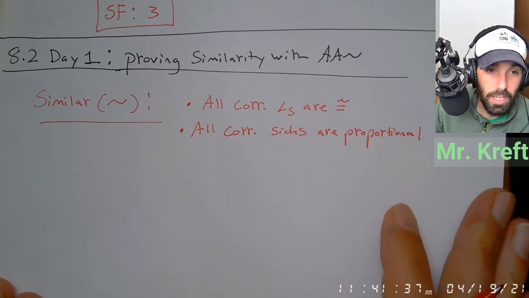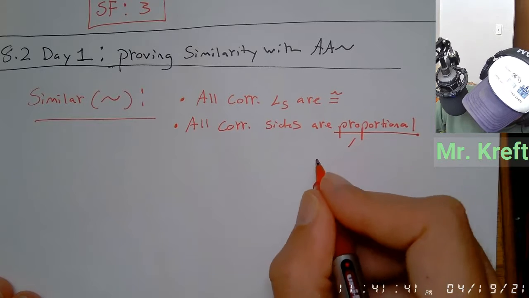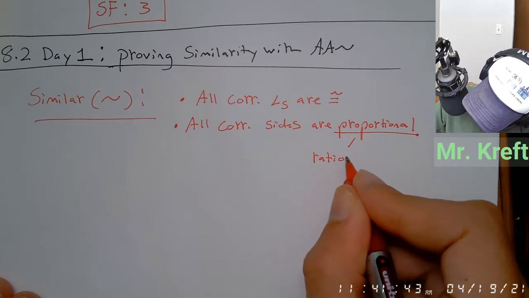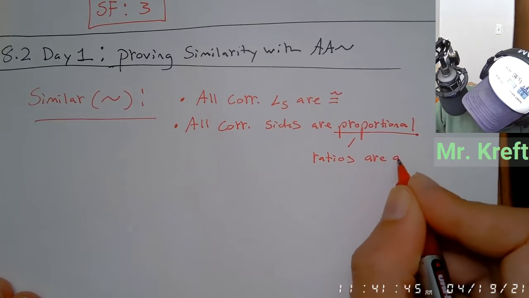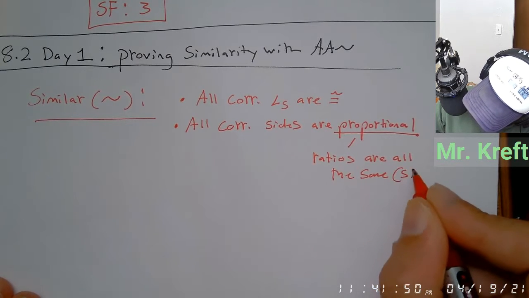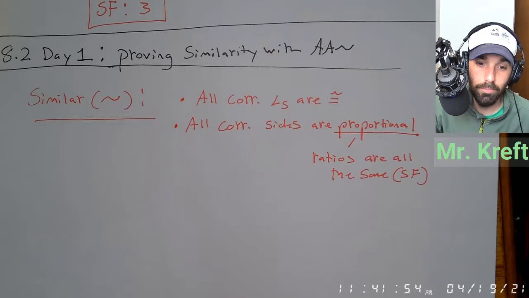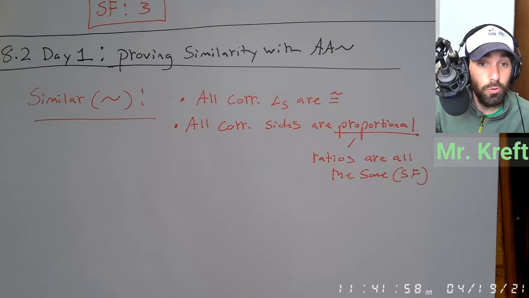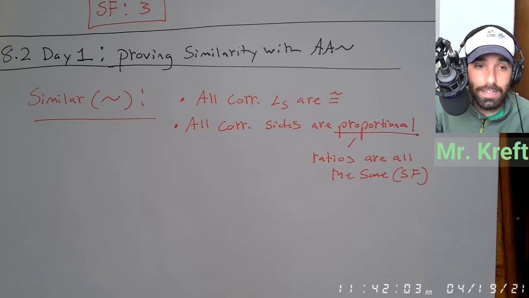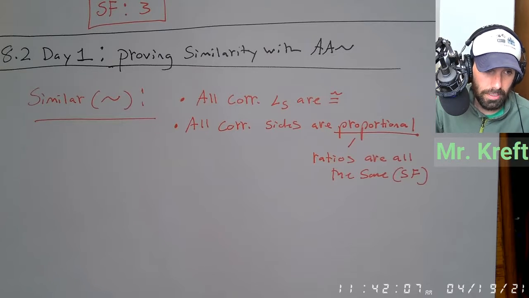Gosh, that's a big word, proportional. And remember, proportional just means the ratios are all the same. And remember, the ratios are the scale factor. Okay, so the ratios are all the same, the scale factor. And this was the lesson that you guys were supposed to do independently this last Thursday. So all corresponding angles are congruent, all corresponding sides are proportional.